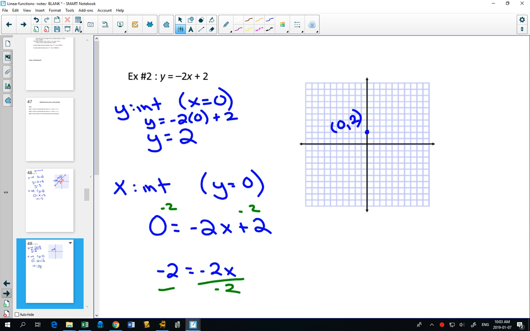Then divide both sides by negative 2. Negative 2 divided by negative 2 is 1. x is equal to 1. Label that point as well.